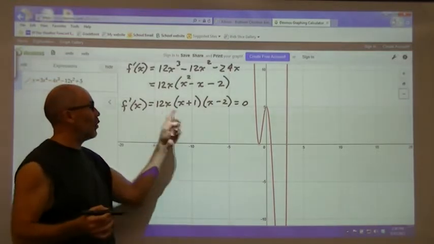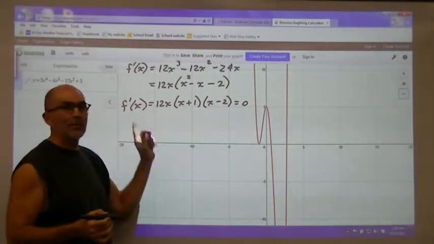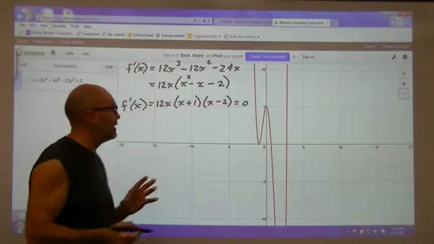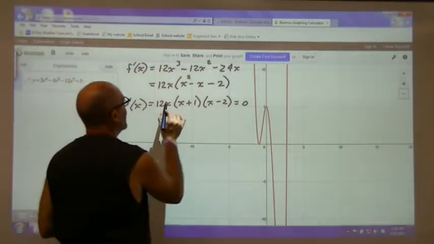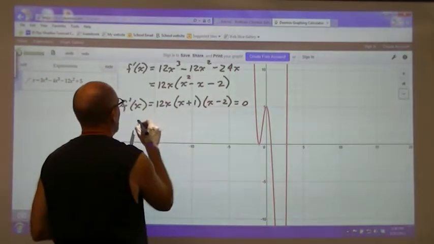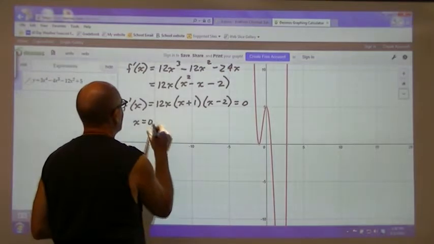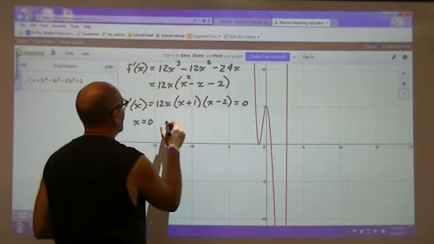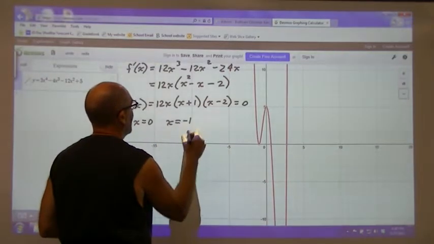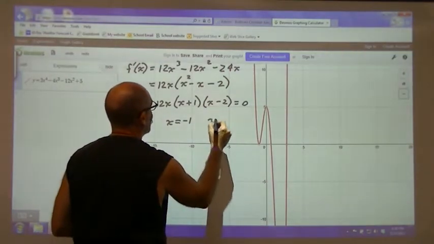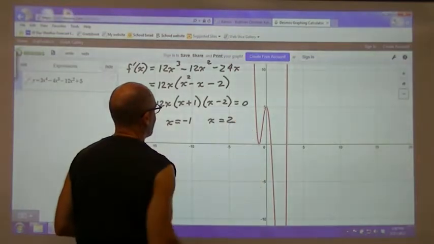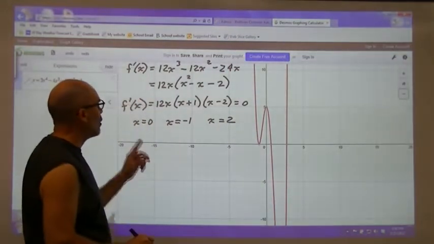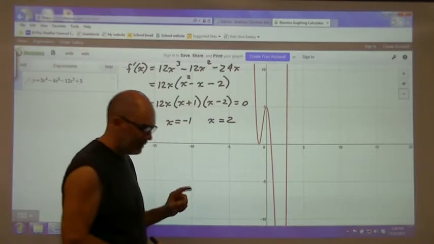Because that will tell us where the slopes are 0. The slope of the tangent's 0. So where is that going to be? Well, where 12x equals 0, that means where x equals 0. Where x plus 1 equals 0, which means where x equals negative 1. And where x minus 2 equals 0, which is where x equals 2. So here are our critical points.